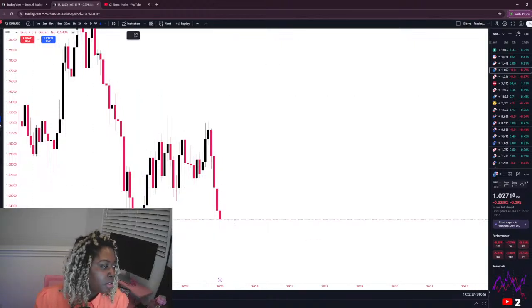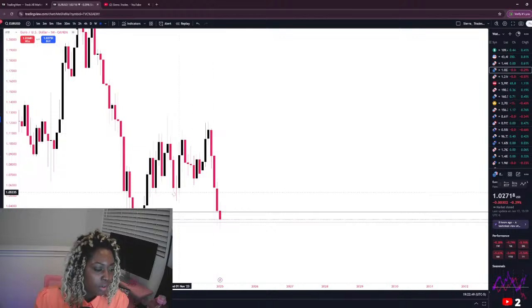I'm going to mark the 50% and last month's low because it's enough space in between, right? I'm pretty sure it's enough pips in between for those to be two levels.